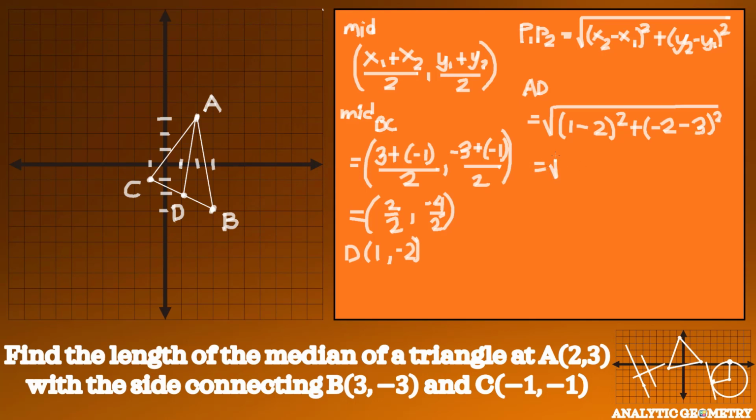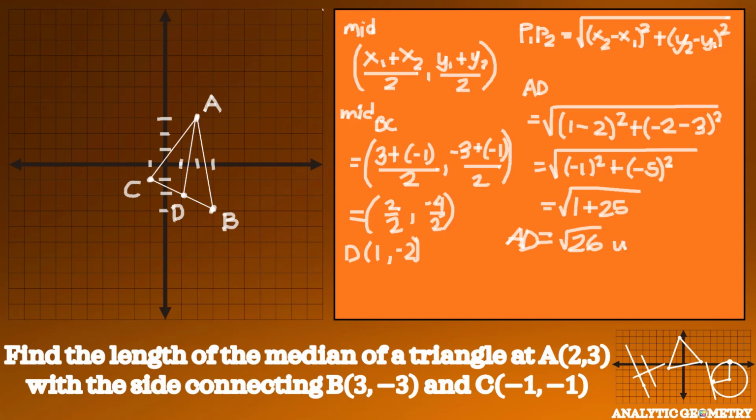So we have the square root of the square of -1, plus the square of -5. So you will have the square root of 1 plus 25. In short, the distance of AD, being the median of triangle ABC at vertex A, is square root of 26 units.